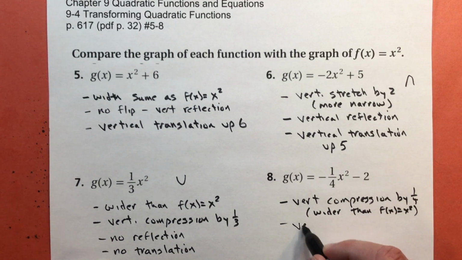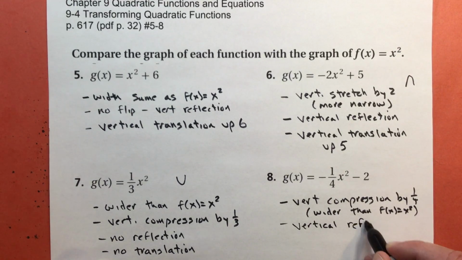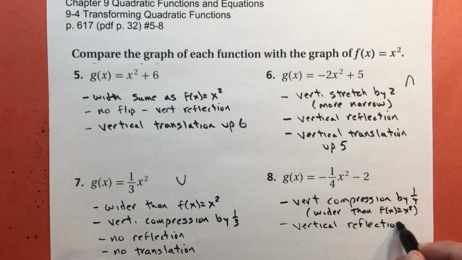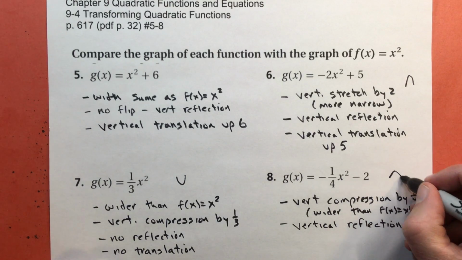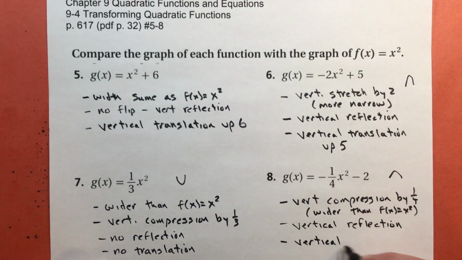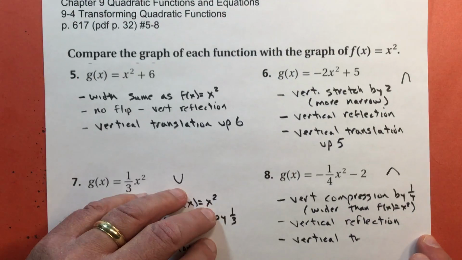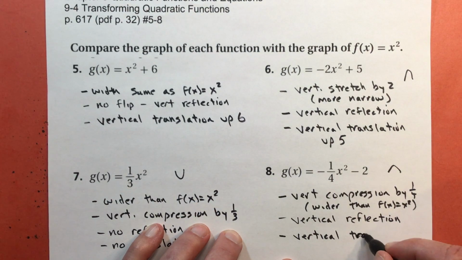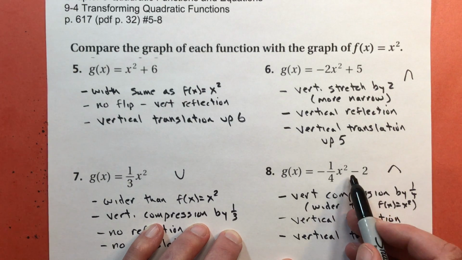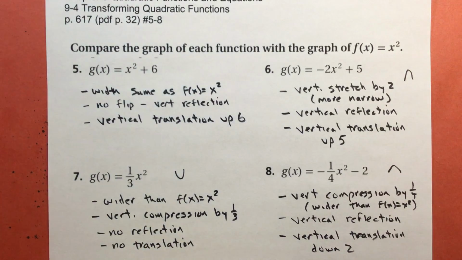The negative tells me that I have a vertical reflection. So this one is a frowny face. And the last part, the subtracting 2, tells me that I have a vertical translation. Oops, I bumped my paper, sorry. Vertical translation by adding negative 2 means that I'm going down 2.